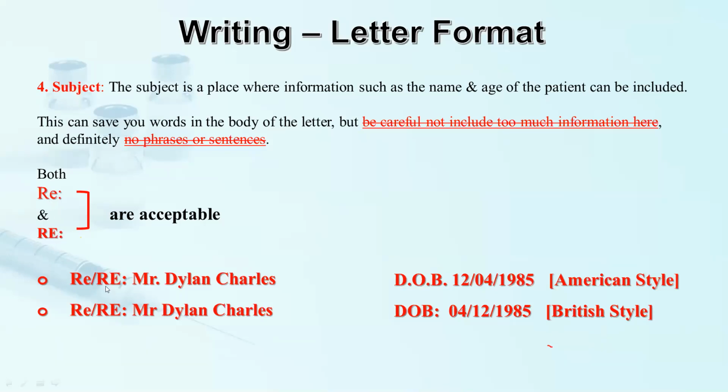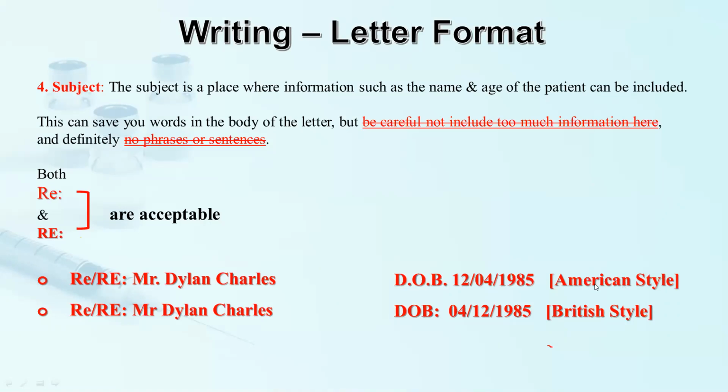So regarding Mr. Dalen Charles, with a period for American style, while Mr Dalen Charles without a period for British style. And regarding date of birth, you can use D period, O period, B period, one space, then the date.